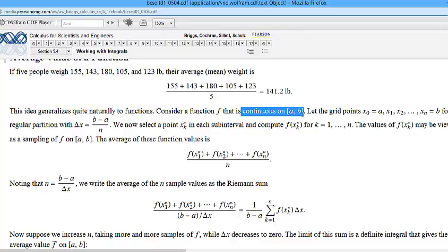I guess one way I could do this, if I'm running for 4 minutes, I could look at my elevation at the end of minute 1, minute 2, minute 3, and minute 4, right? All of a sudden, it's starting to sound a lot like a Riemann sum. Because you're finding the height at each particular point. So that's what they're saying here. And then divide by n. Okay? Now, let me write this out.